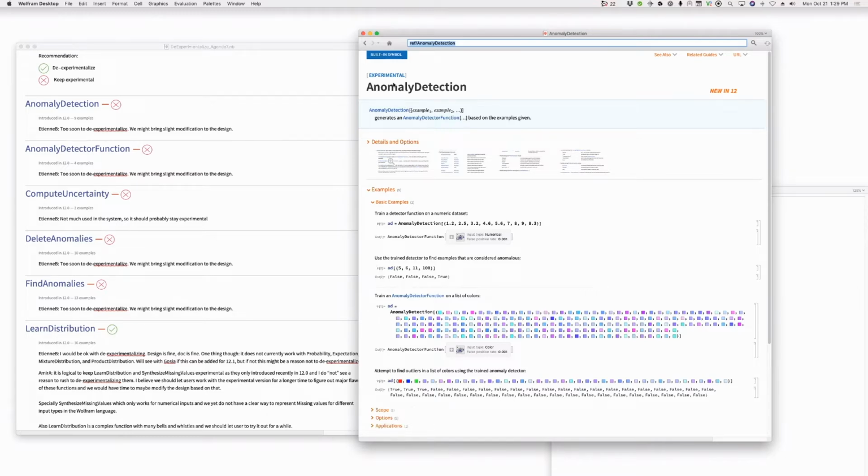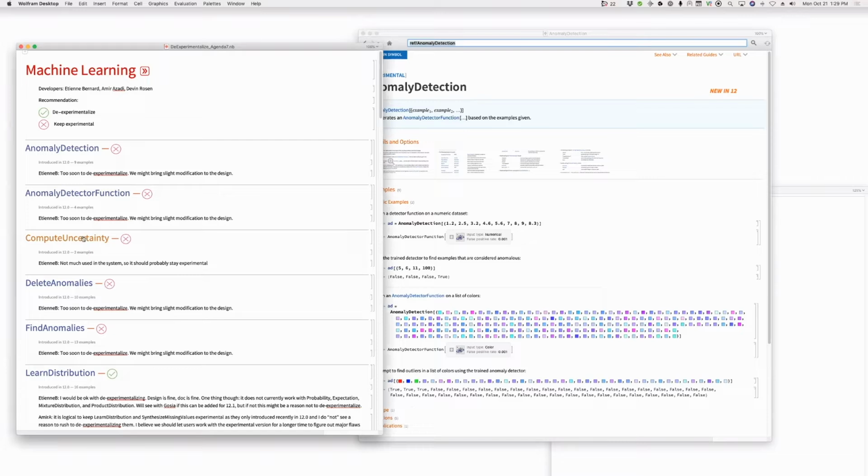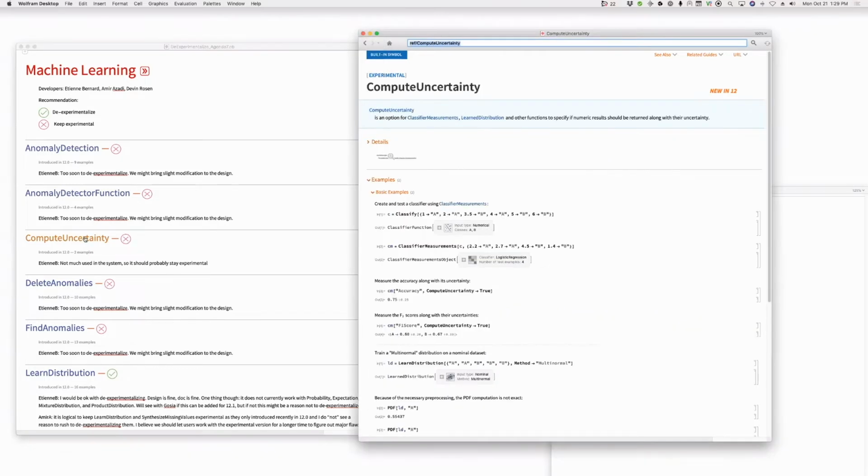So what we're talking about is anomaly detection, the anomaly detector function. I don't know what compute uncertainty is. That's not really related. This is the option to specify, let's say, in classifier measurements. So that's a general option that I can imagine using in many functions that return numbers.